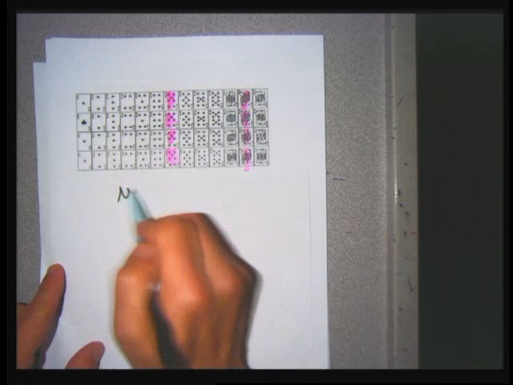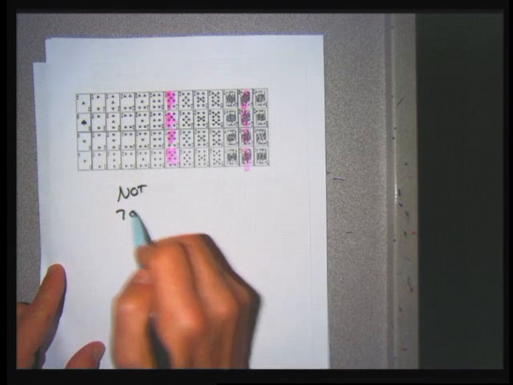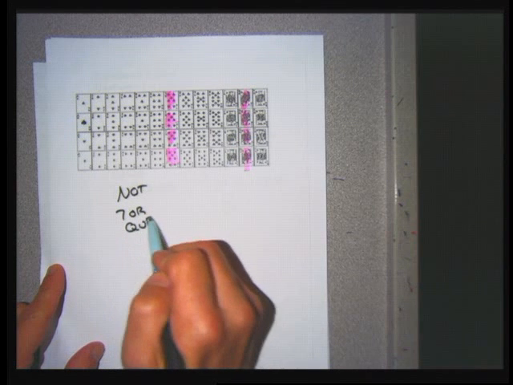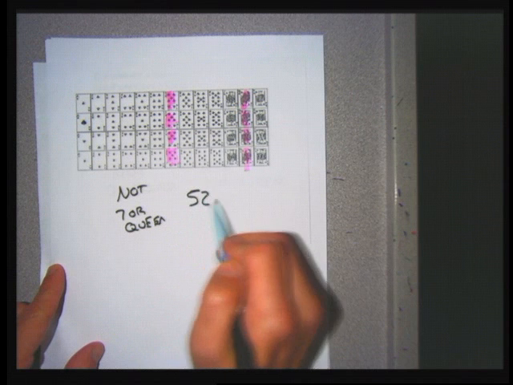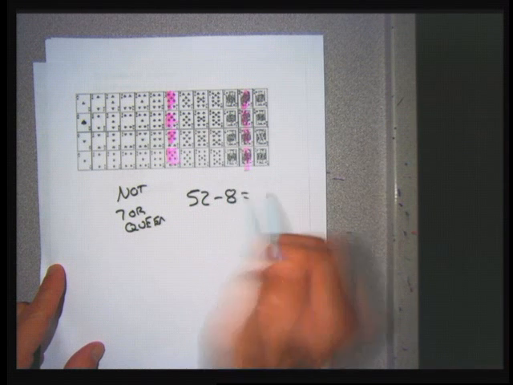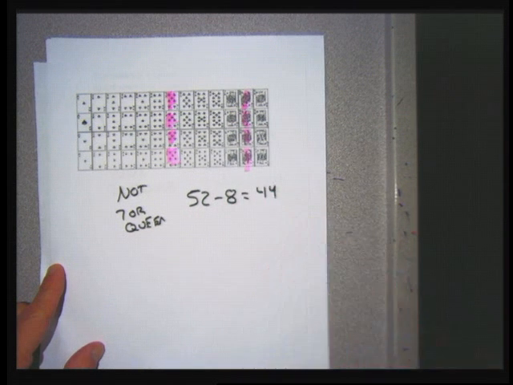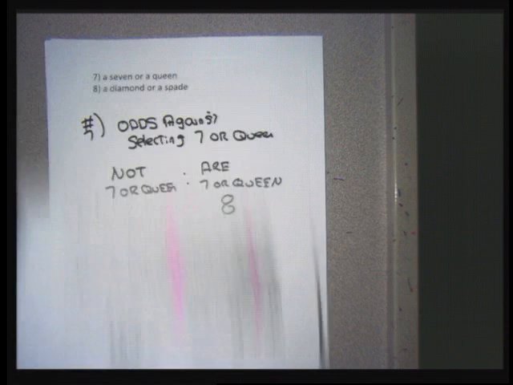And then for the not 7 or queen, I could count all the cards that I haven't highlighted here, or I could just take the 52 total cards minus the 8 that I've highlighted, and that's going to give me 44 cards that I haven't highlighted. That's the 44 cards in my deck that aren't a 7, nor are they a queen.